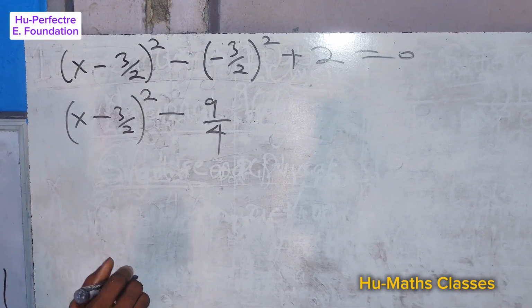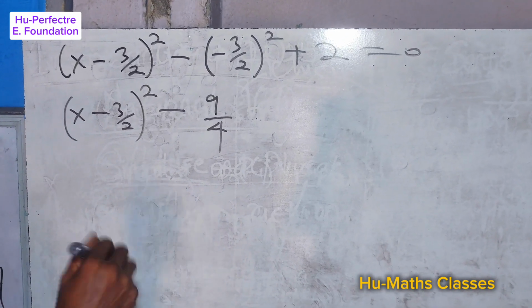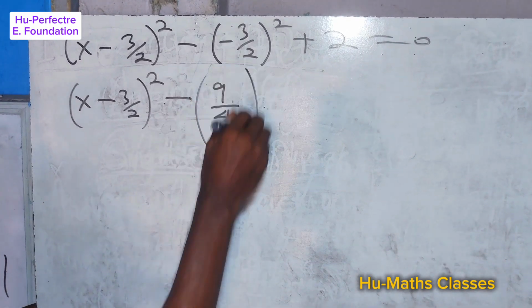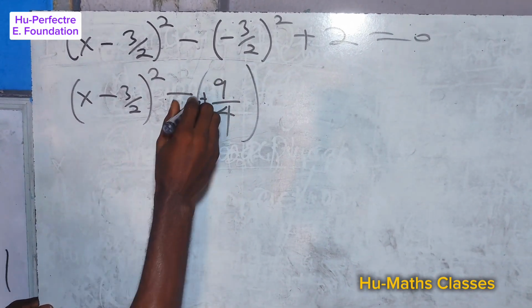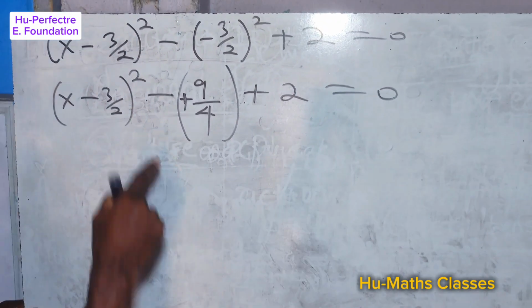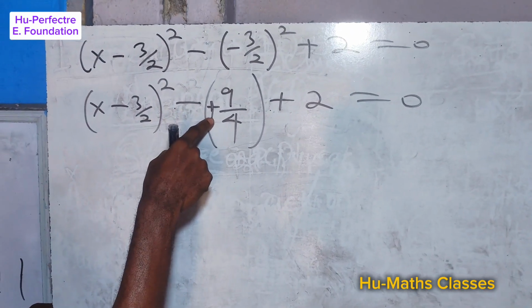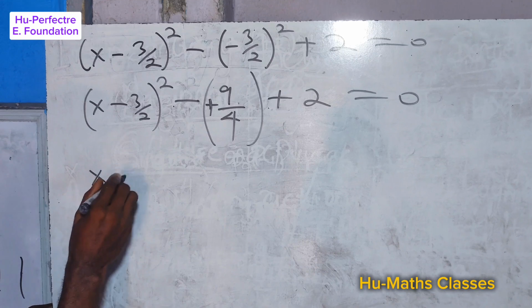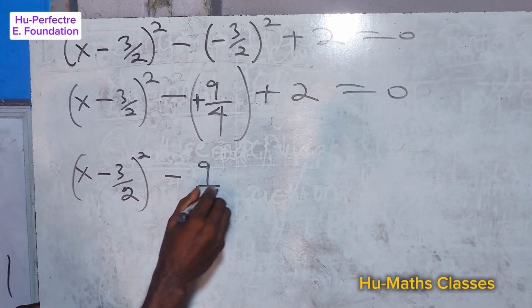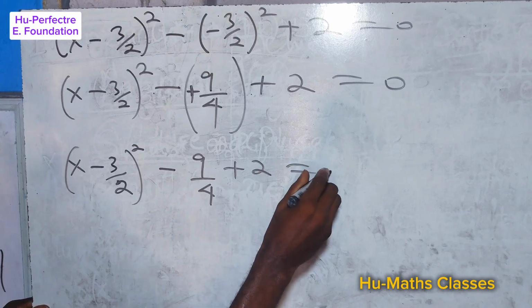Minus, let me put it in brackets so many people will not get confused, plus 9 over 4 plus 2 is equal to 0. Then this minus sign will affect the plus number. We'll have x minus 3 over 2 all squared minus 9 over 4 plus 2.